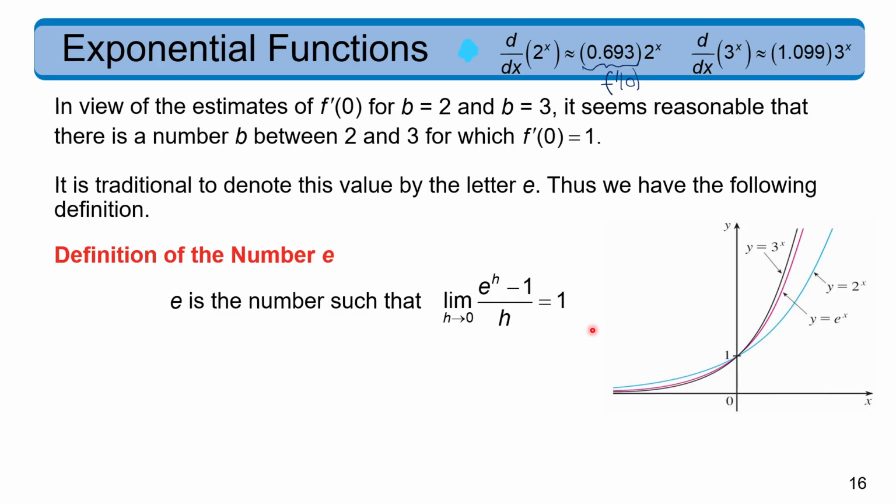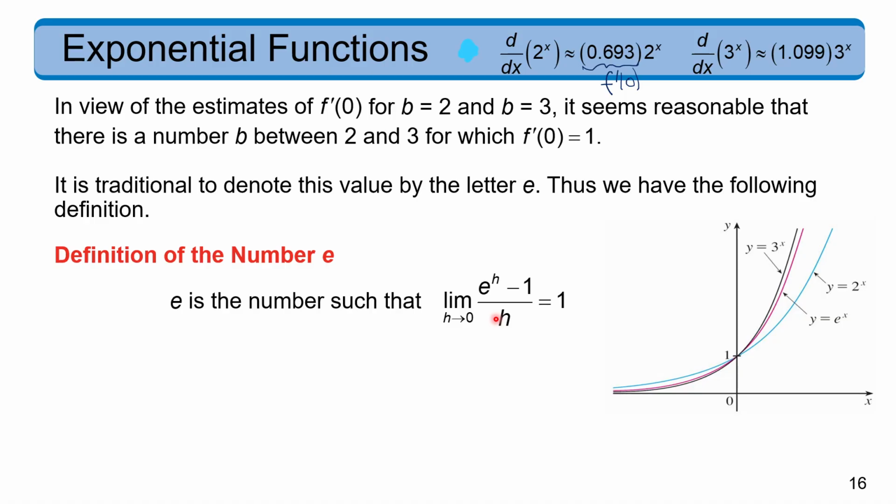So what we do is we define e to be that base. So e is the base. So if you look at y equals e to the x, the constant that goes in front, which is the f prime of 0, the slope of the tangent at that position, would be 1.